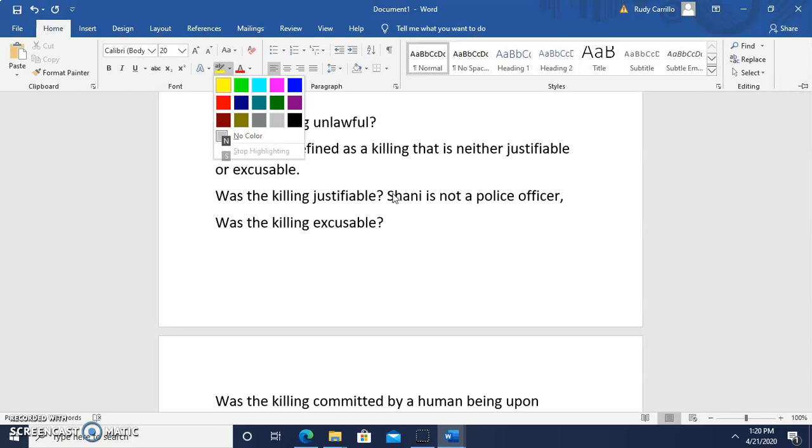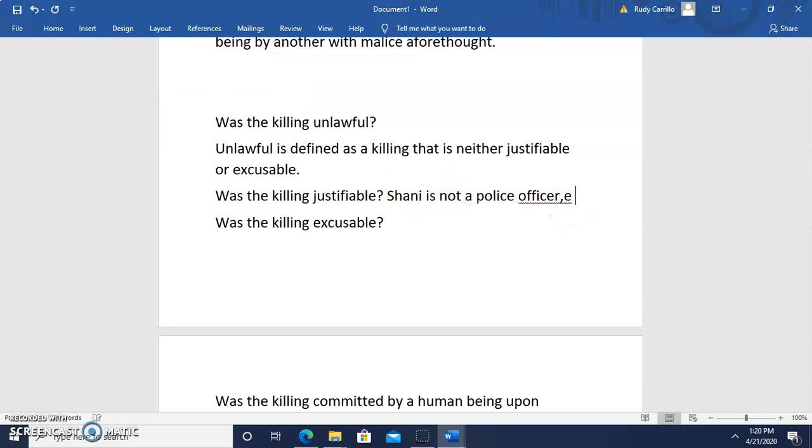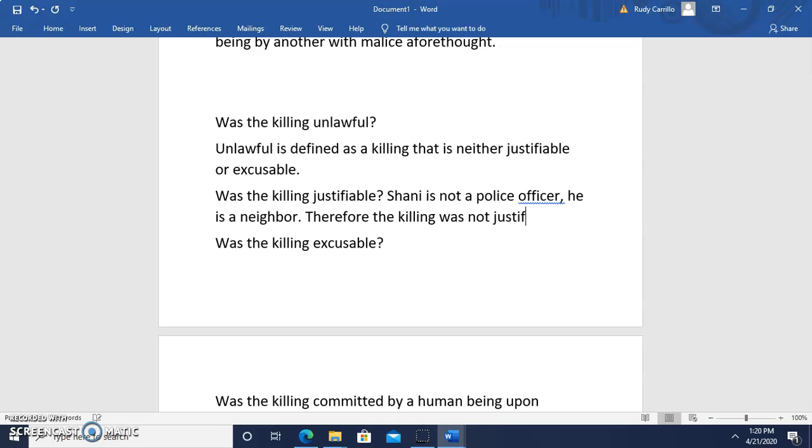Sorry, my computer gets sensitive. He is a neighbor. So therefore the killing was not justifiable. Justifiable means that you have to be a police officer.